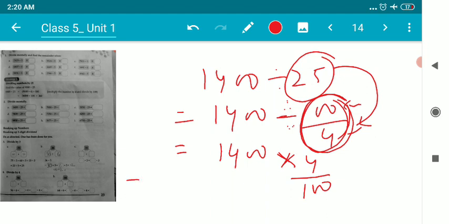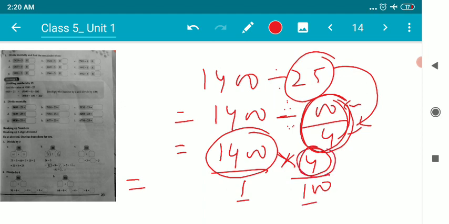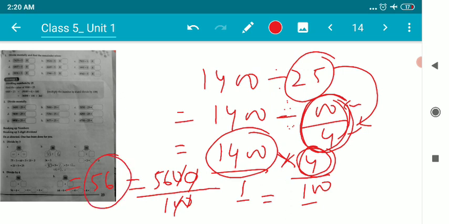So now 1400 is to be multiplied by 4, because numerator gets multiplied with numerator and denominator with denominator. This results in 5600 divided by 100. 0 and 0 can be cancelled directly. Answer is 56. So children, this is how we have to divide these numbers.